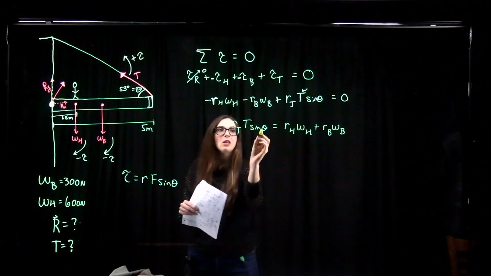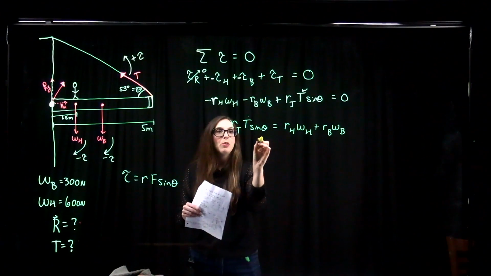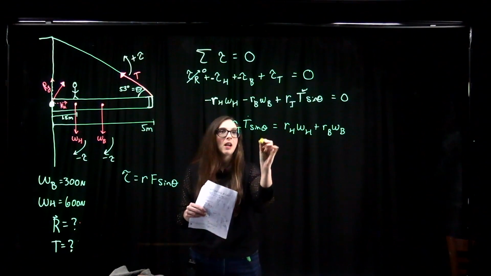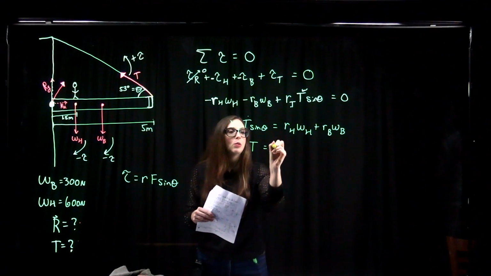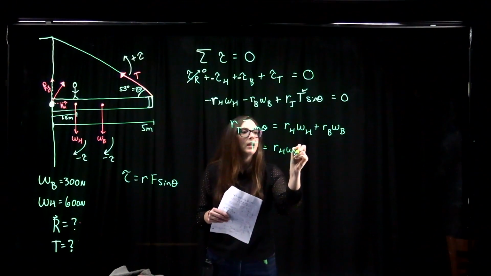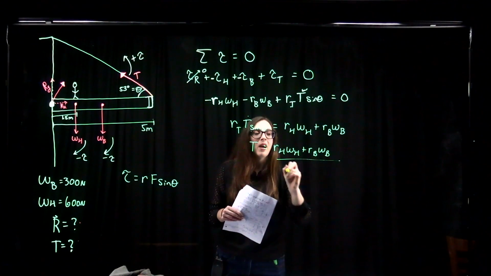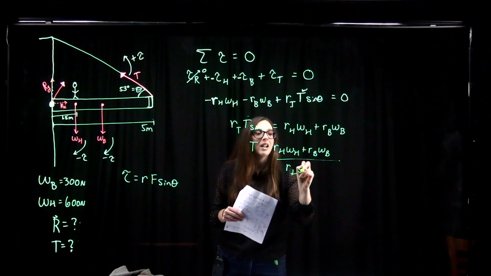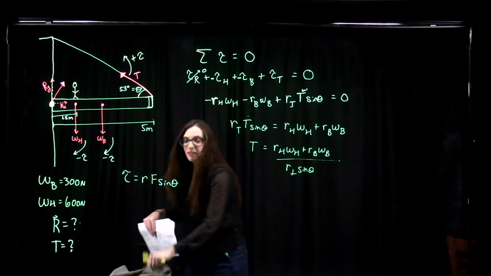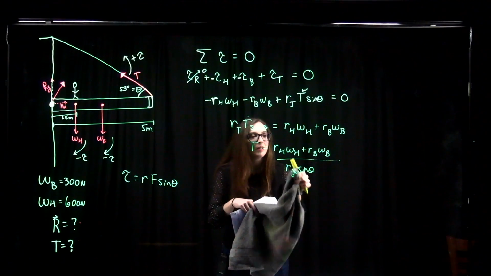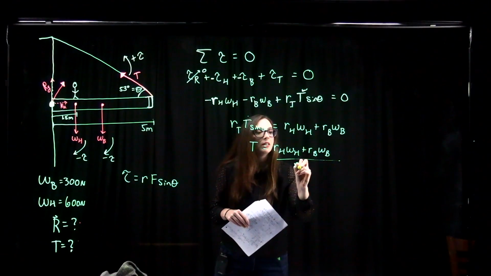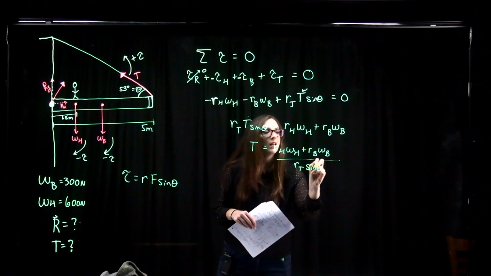And then I need to solve this for T. So I'm going to divide both sides by RT sine theta. So T is equal to RH WH plus RB WB divided by RT sine theta. Ooh, I keep on drawing it. It's a perpendicular sine here. Divided by RT sine theta.